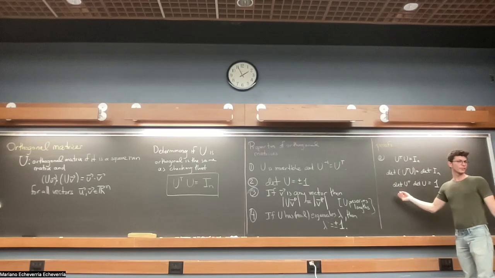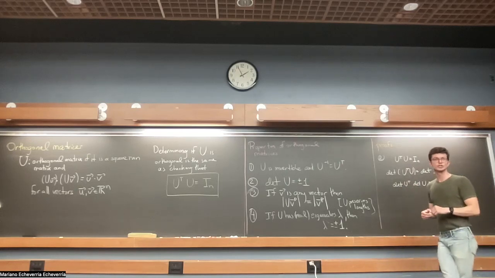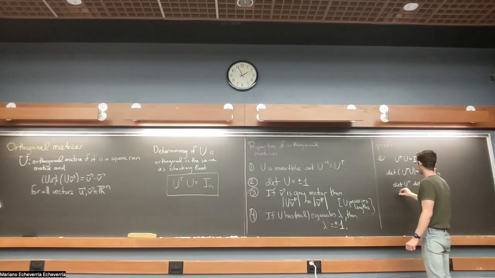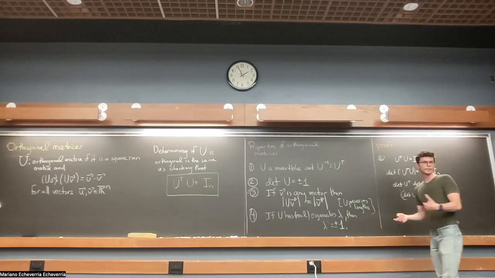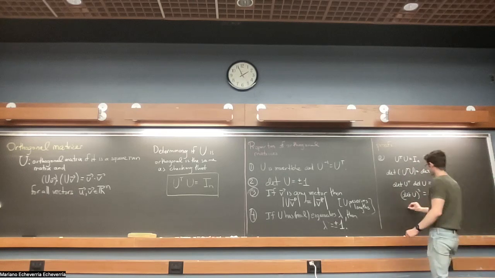And remember, the determinant of U transpose is the same as the determinant of U. The transpose does not change the determinant value. So that gives you determinant of U squared equals 1. And so that means that the determinant of U has to be plus or minus 1.